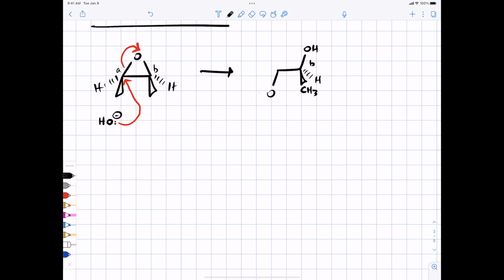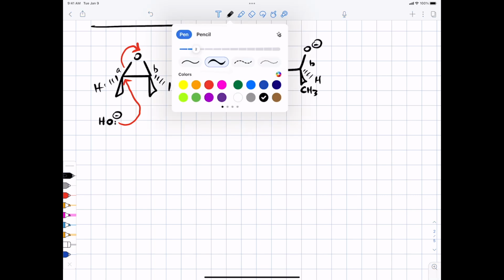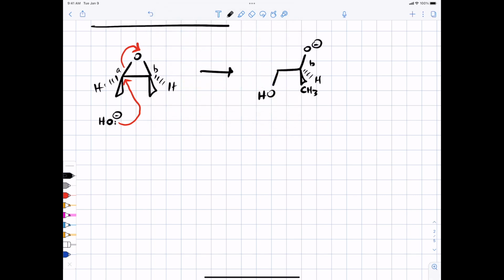Carbon A, we need to show inversion of configuration. From our perspective here, what's above the page and what's below the page are going to stay above and below the page, but whereas they were oriented to the bottom of the page, now they're going to go up to the top. That's how we're going to show inversion of configuration here.